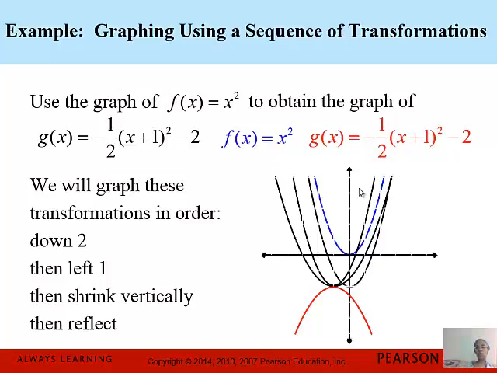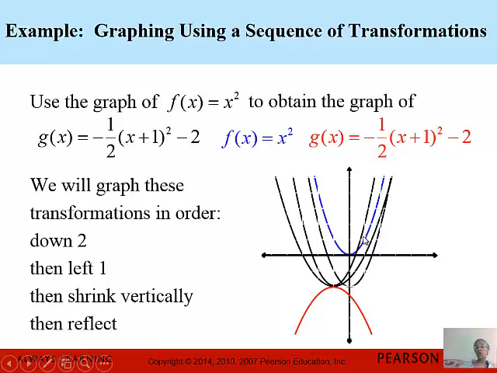But notice the reflection happens at the horizontal line that passes through the vertex. So in other words, if I pass a horizontal line through the vertex, I'm reflecting about that line. So because I did the other transformations first, that reflection was about the horizontal line that passes through the vertex.